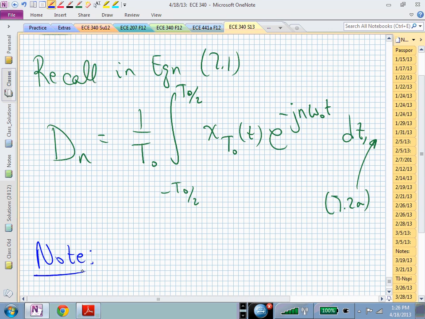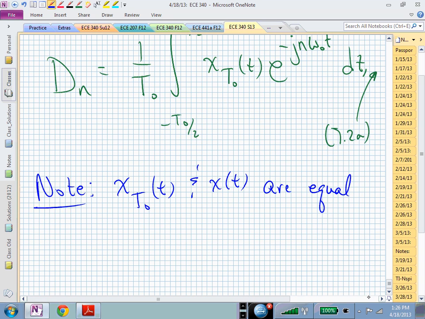And we can make that equal little x of t by allowing our period to march off to infinity. That's what was suggested.